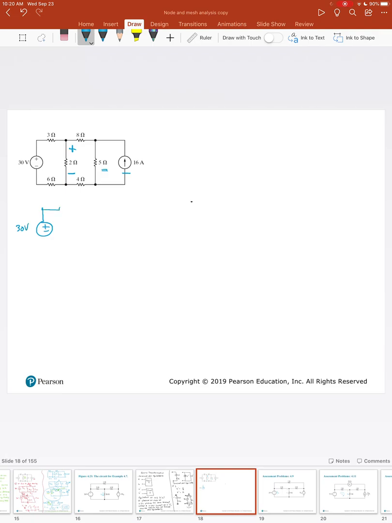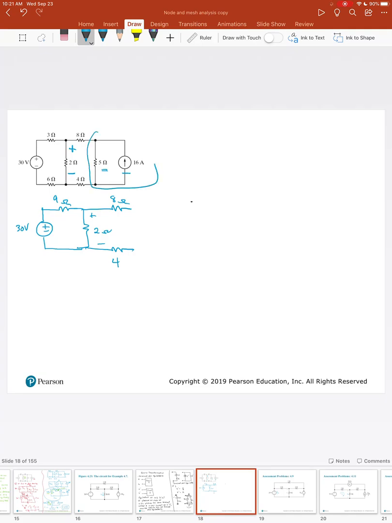So here's my 30 volts. That's 6 and 3 combined together to give 9 ohms. That's the one I kept seeing wrong in the previous example. Here's my 2 ohms. There's the voltage I want. Here's the 8. Here's the 4.